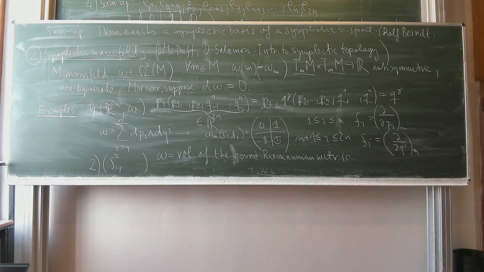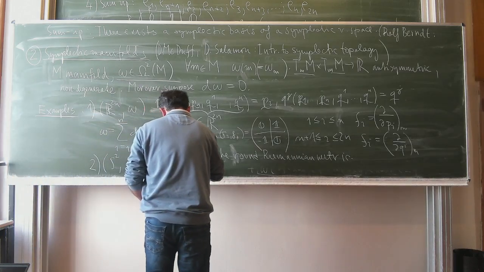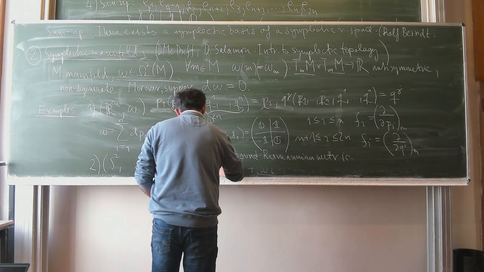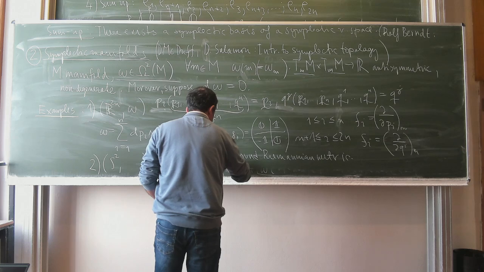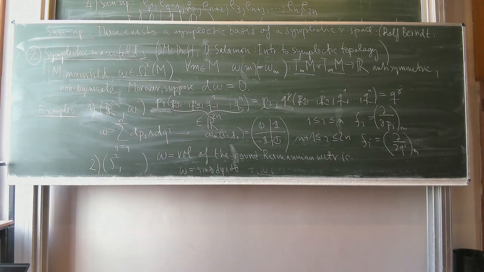This is given by some formula. Do you remember it? Yes. Omega equals sine theta d theta multiplied by d phi, for example, in some coordinates. But actually, sine theta can be 0 in this case.